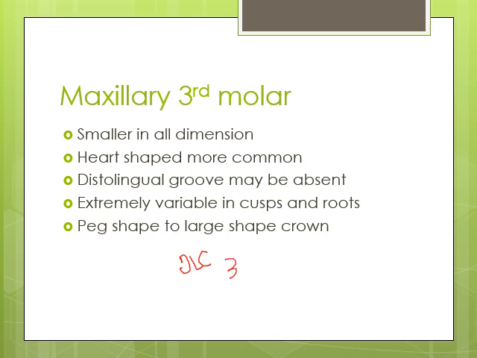Okay, the oblique ridge is absent, and the variability extends from a peg shaped smallest crown to a large shaped crown. And there could be variability in the roots. There could be 6 roots present, 5 roots present, but 3 roots are commonly found in the maxillary third molar.